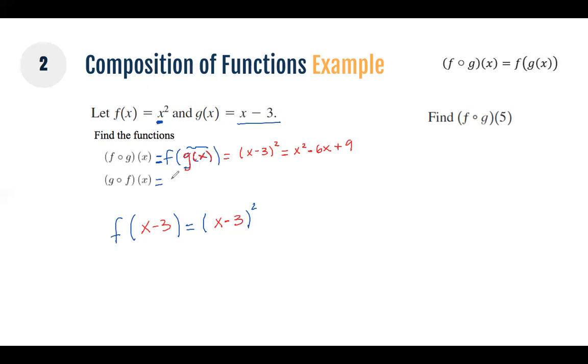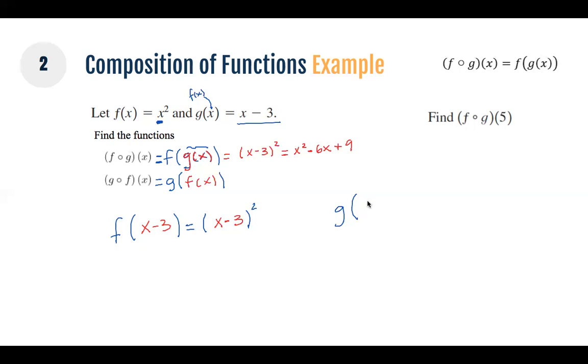We're going to find g composed with f, so g of f of x. So we're going to have g of f of x, and because we know f of x is equal to x squared, we're going to grab g of x and we're going to use f of x as an input, meaning that g of f of x is equal to x squared.